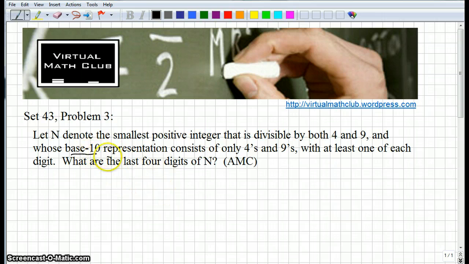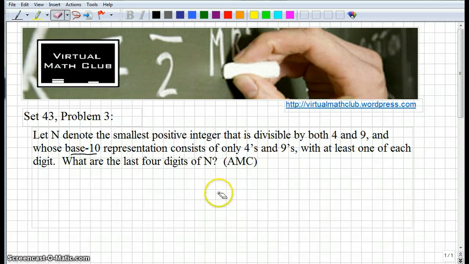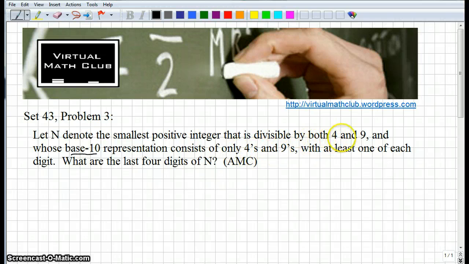Base 10 is just our normal numbering system, with place values: a units digit, a tens digit, and then a hundreds digit. Essentially, we're looking for a number that consists only of 4s and 9s that is divisible by both 4 and 9.